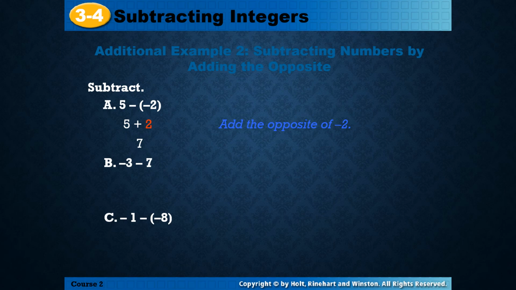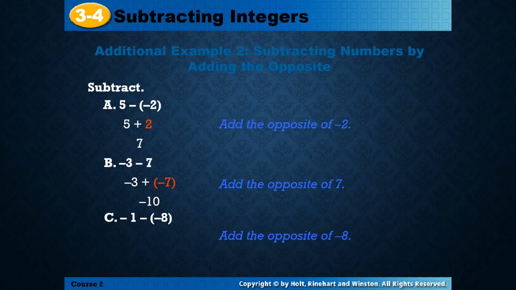Next, we are subtracting a positive integer, so we will go towards left. Minus 3 minus 7, and if you remember, the rule of addition of integers is when there are two negative integers, we will simply add, and then the answer is minus 10. Next is minus 1 minus minus 8.